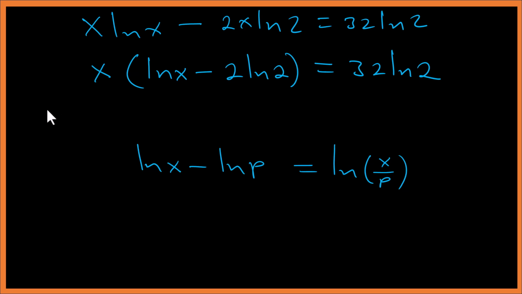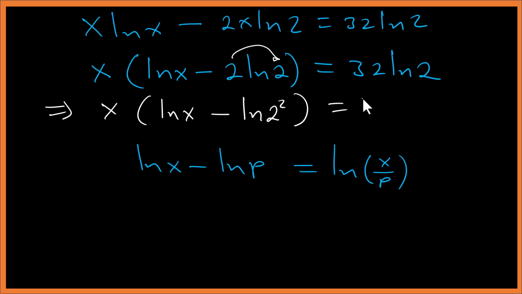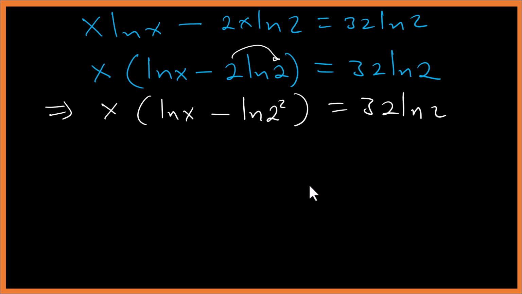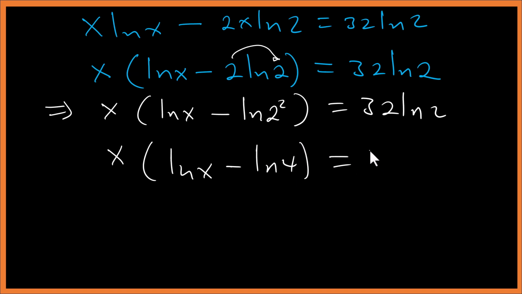So from here, we have x ln of x minus 2 squared equals 32 ln of 2. So we have x ln of x minus ln of 4 equals 32 ln of 2.